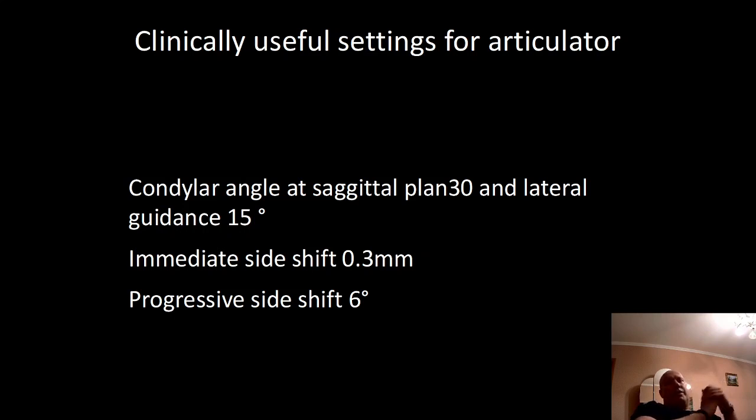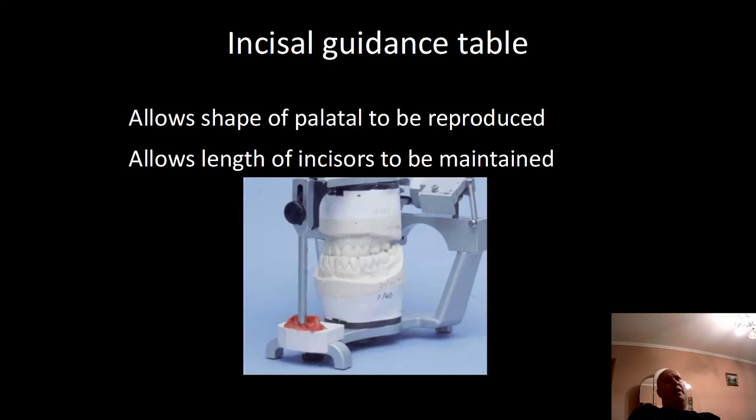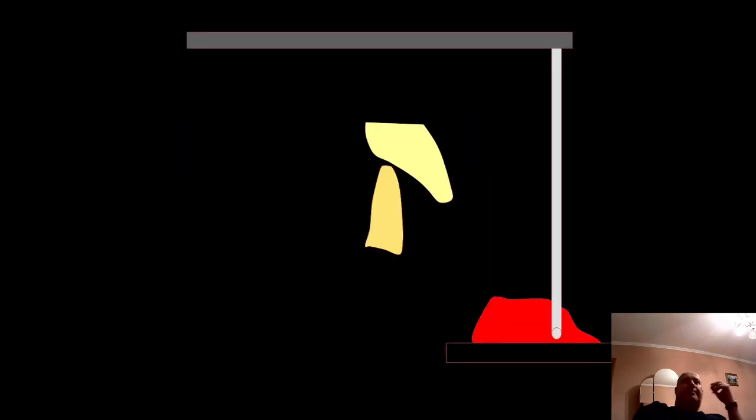Immediate side shift 0.3 millimeters, and progressive side shift is 6 degrees. Incisal guidance stable. It allows the shape of the palatal surface to be reproduced and allows the length of incisors to be maintained.